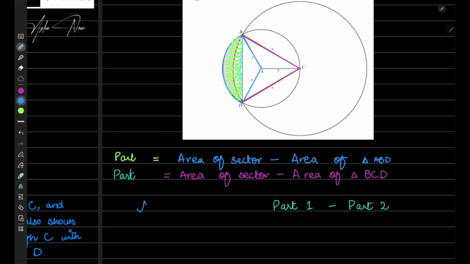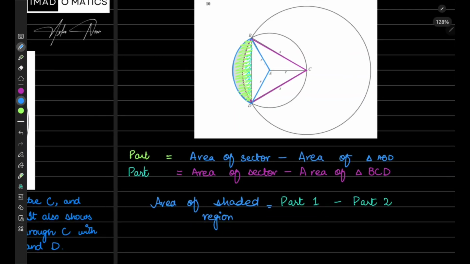It is a bit complicated. The important thing is to first identify the two sectors, the blue sector and the pink sector, correctly, and secondly we need to see which two things will be subtracted to get the required one.